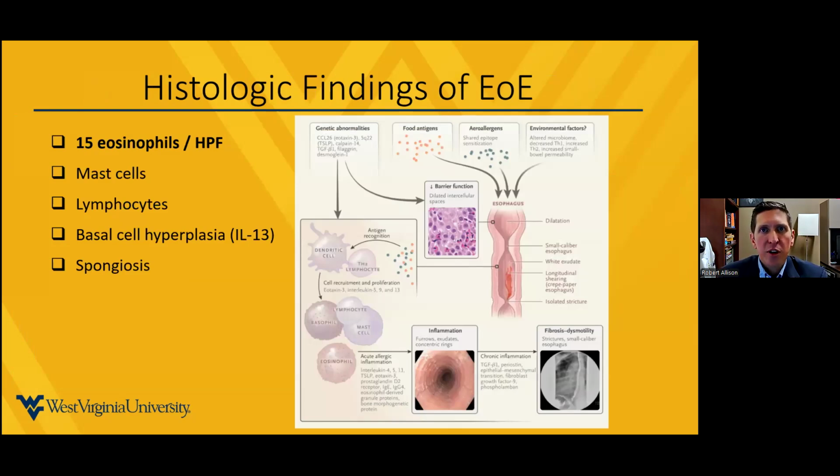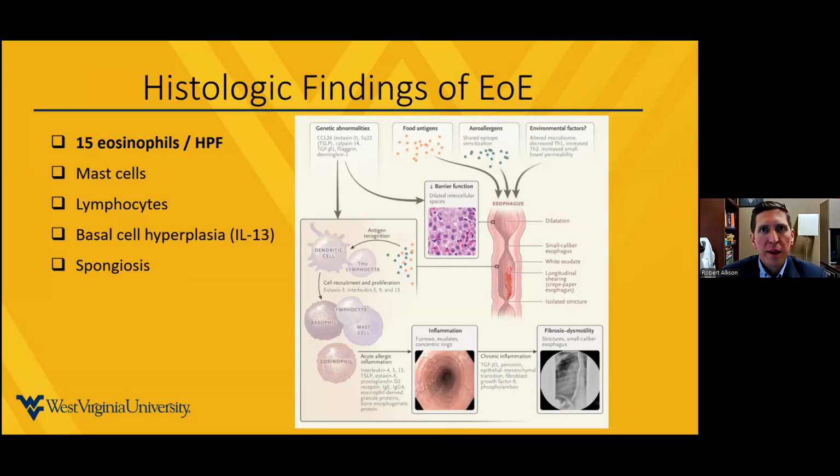And lastly, as we'll see based on the guidelines, when we make a diagnosis of eosinophilic esophagitis, it's lastly a histologic diagnosis. The hallmark of histological evaluation is that there should be 15 eosinophils per high-powered field.